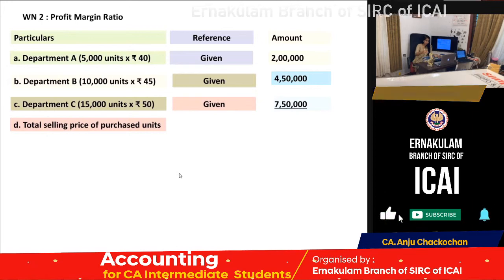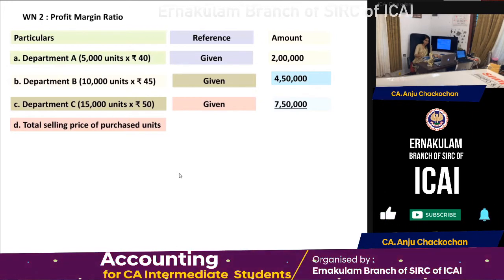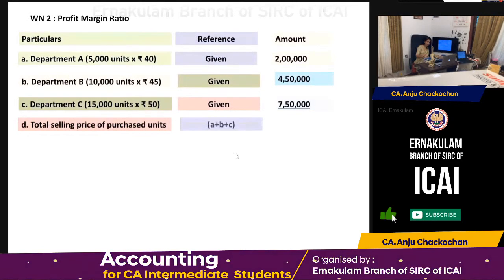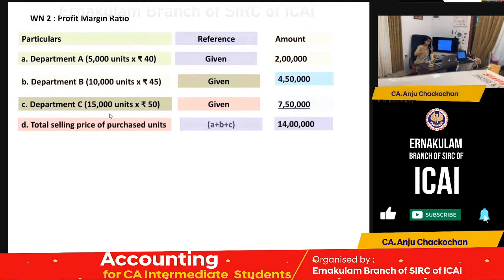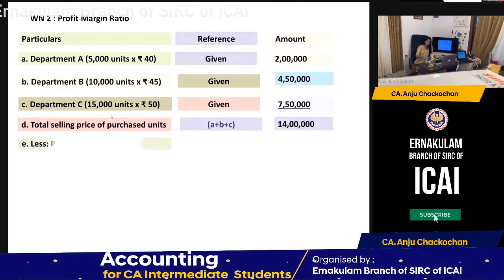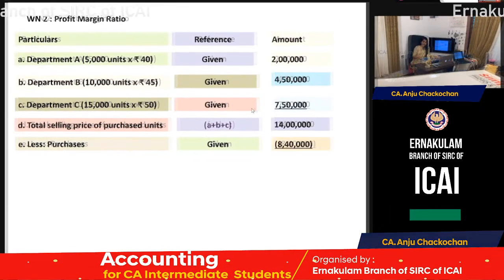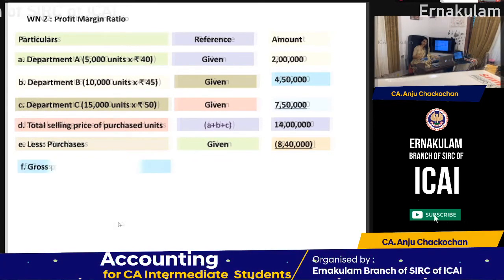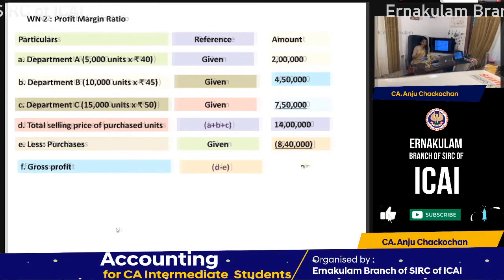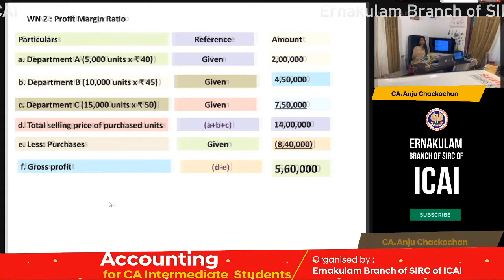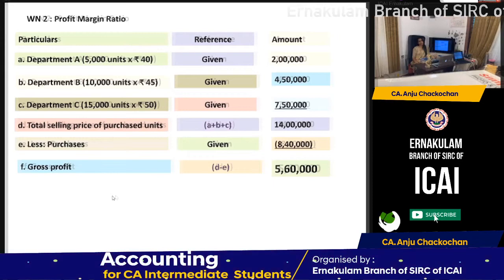So what is the total selling price for all the three departments? It is 14 lakh. The total purchase value is straight away given, and it is 8,40,000. Hence you get the gross profit: 14 lakh minus 8,40,000 gives 5,60,000 as the gross profit.